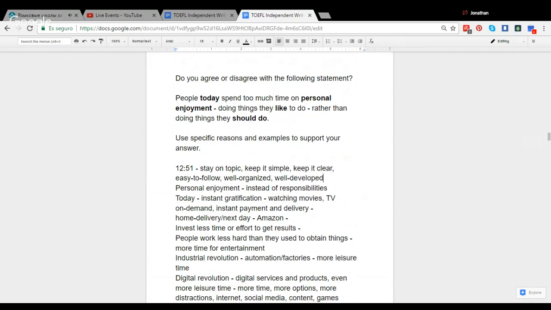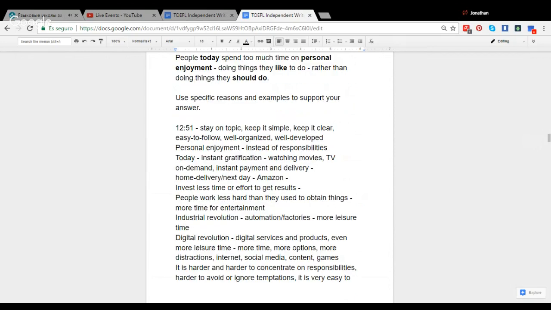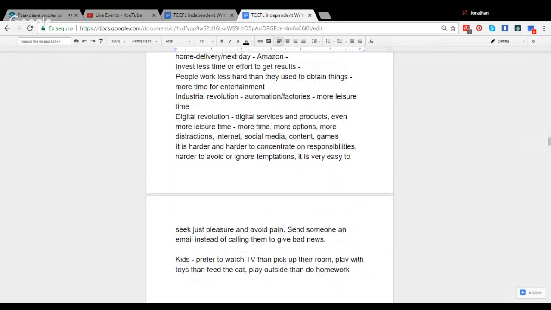So I will probably have to throw out a lot of these ideas. I could use a couple of them about the entertainment, but just to avoid getting off topic, I would use the examples of my kids: they don't want to pick up the room, they don't want to feed the cat and do chores, and they don't want to do their homework.